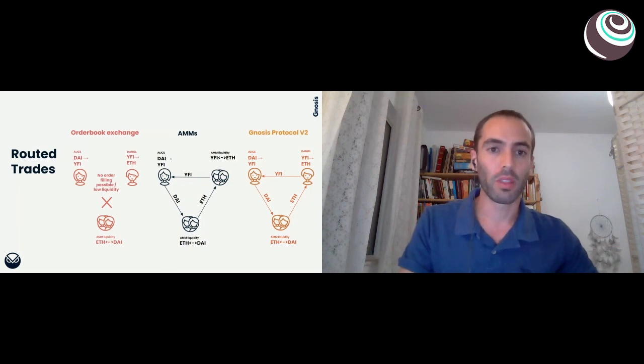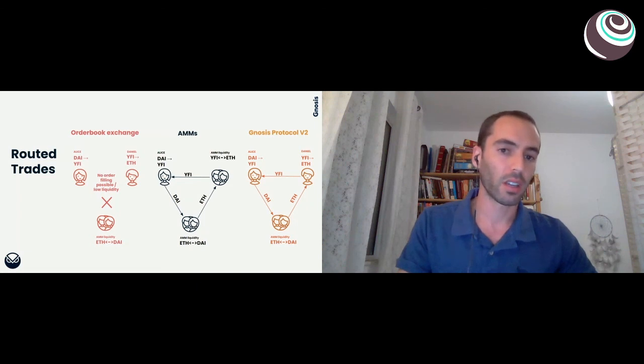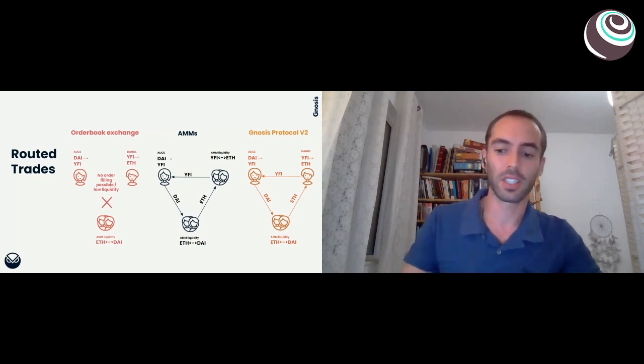And with Gnosis Protocol version 2, both of them could leverage the coincidence of wants between each other, but still, if there is a need for an external source of liquidity, the AMM liquidity of ETH DAI could be leveraged to complete this trade, and this will incur decreased trading fees and higher efficiency for the trade.